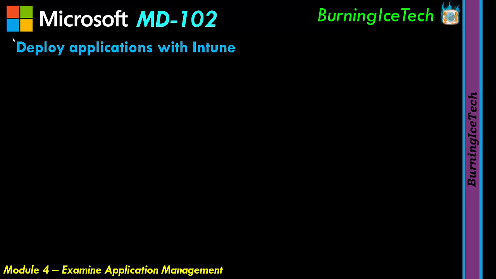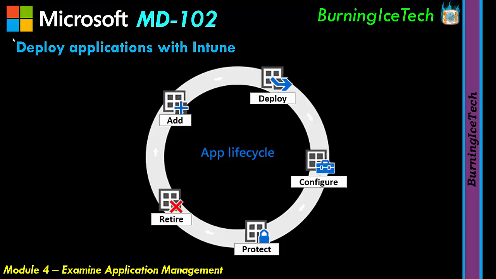So the first thing I want to point out is when you deploy applications with Intune, the whole life cycle of apps is actually very similar to that of desktop apps, guys. With that being said, here's a picture for you folks so you can see more or less what I mean by that. In Intune, the app lifecycle begins when the app is added.